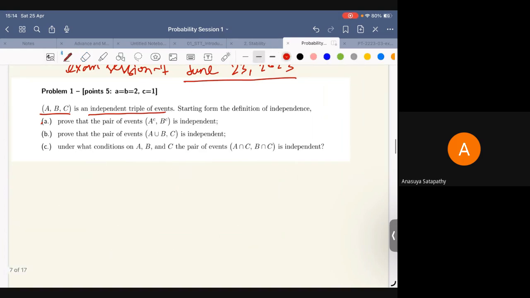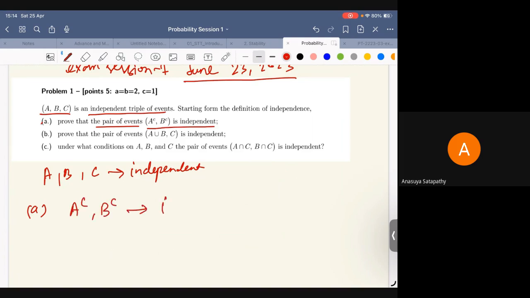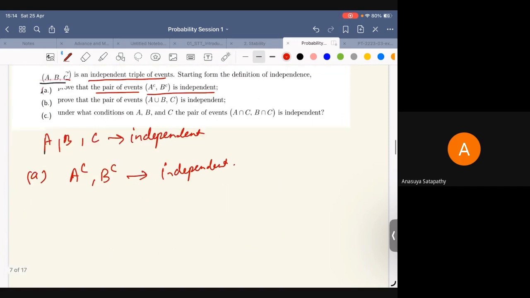So, prove that this pair of events is independent. We know that A, B, C are independent. We have to prove that A complement and B complement are independent. How can you prove this?